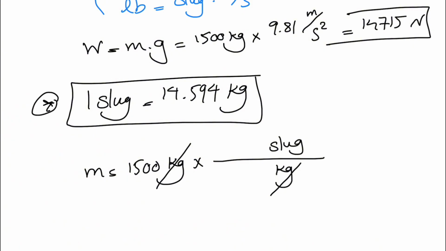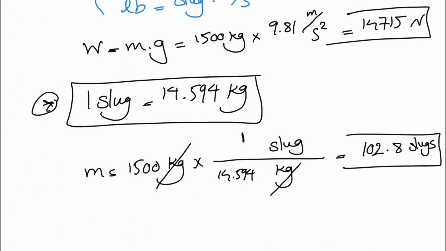And as we mentioned, one slug is equal to 14.594. So all we need to do is divide 1500 by 14.594, which is going to be 102.8 slugs, and that would be the mass of this car in slugs.